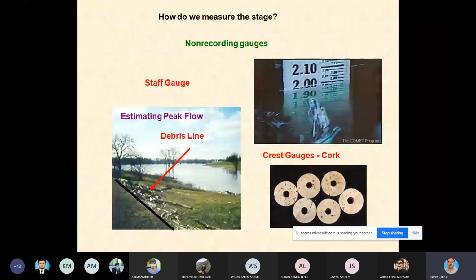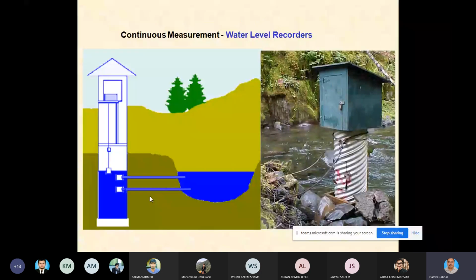सो वाटर लेवल रिकॉर्डर, दे आर द रिकॉर्डिंग इंस्ट्रूमेंट्स where a continuous record of the water level is being maintained, and these are usually placed in the stilling wells. The stilling wells के अंदर लेवल आपका स्टेबल हो और वेव एक्शन या विंड एक्शन से ये अप एंड डाउन ना मूव कर रहा है. अगर आप इसको ओपनली यहाँ पर मेजर करने की कोशिश करेंगे तो स्टेज पढ़नी बहुत मुश्किल हो जाती है, क्योंकि ये वेव एक्शन की वजह से ऊपर नीचे लेवल हो रहा होगा.